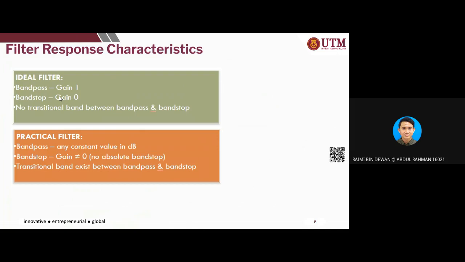As you all know, in the ideal filter, if we have a signal that falls within the pass band, it will be totally there, and in the stop band it is totally attenuated, totally removed, which doesn't happen in real life. That's why you can see in the ideal filter the pass band has a gain of 1 and the stop band has a gain of 0.